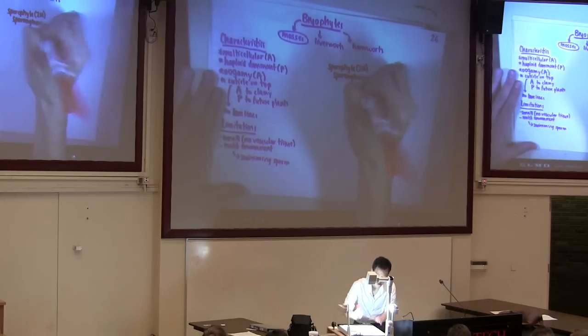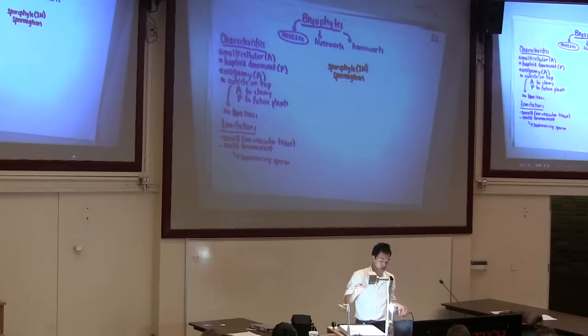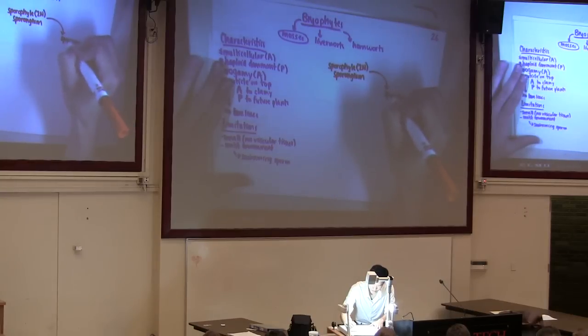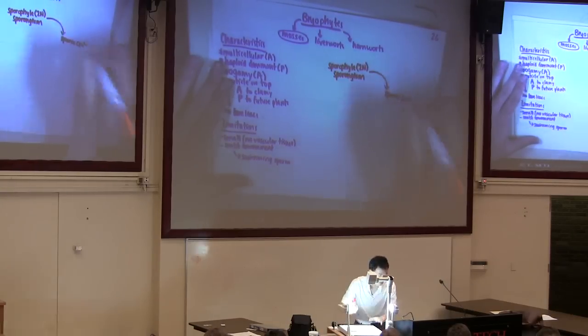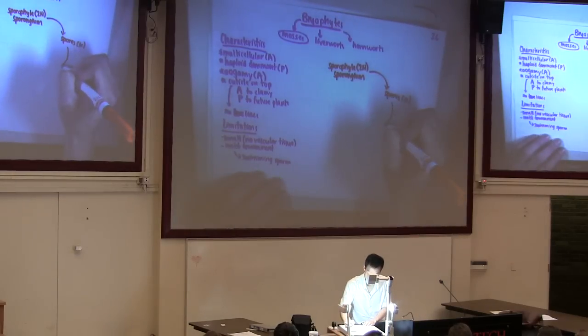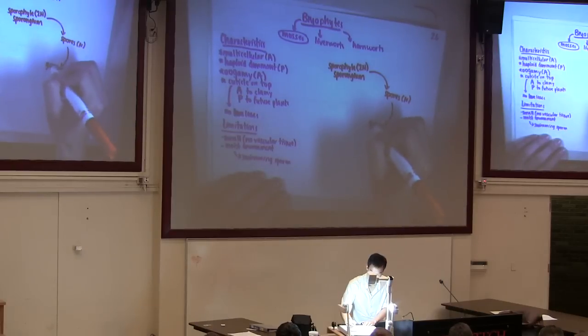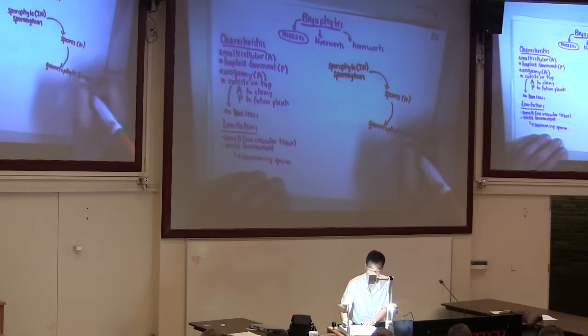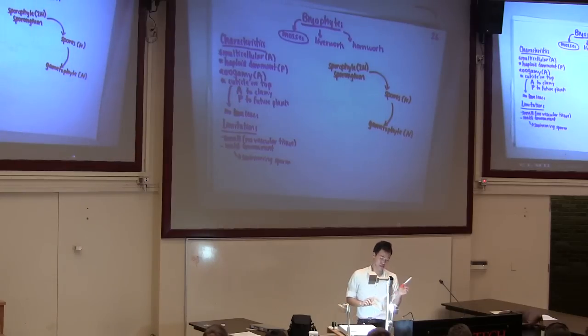Okay? So the sporophyte produces what? Sporophyte produces spores, which are haploid. The spores will develop into the gametophyte, which is haploid, right?